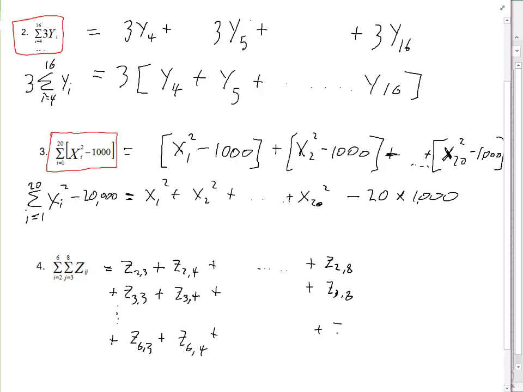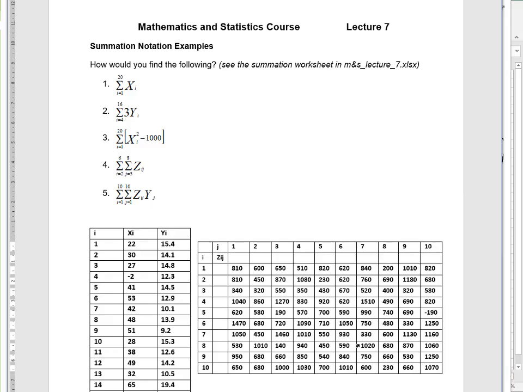And finally, the very last one of all, i has got to 6 and j has again got to 8, so you get z6,8. You've added all those together. So what you've done is you've started here, gone along this row, then this row, then this row, so you end up down on the 6,8 here. So you've added up those numbers there.